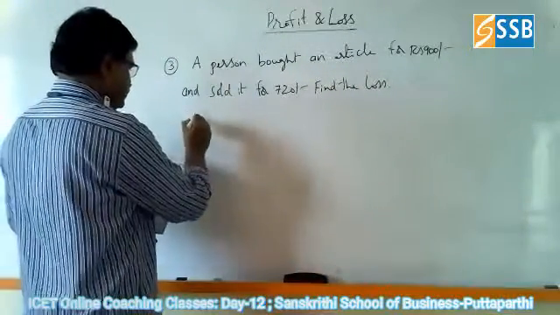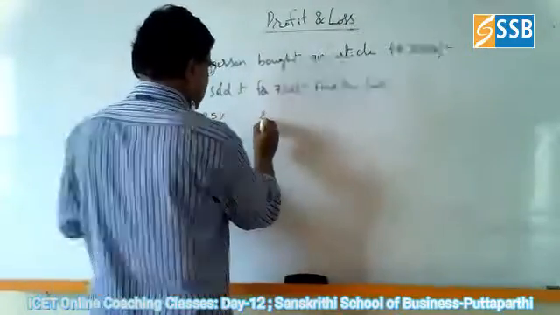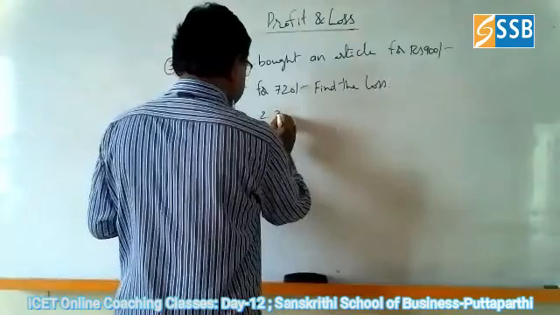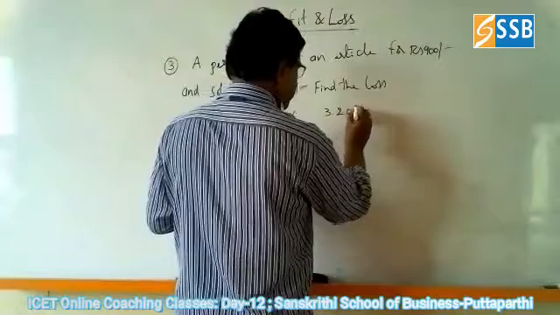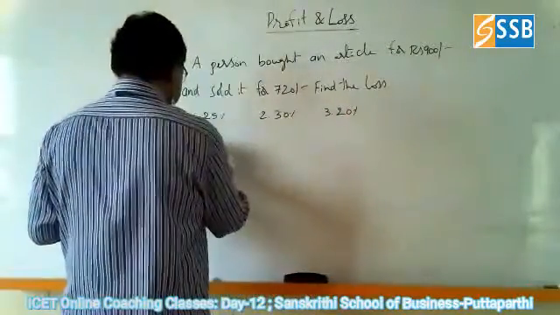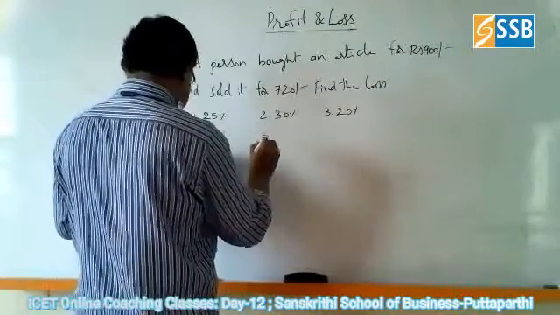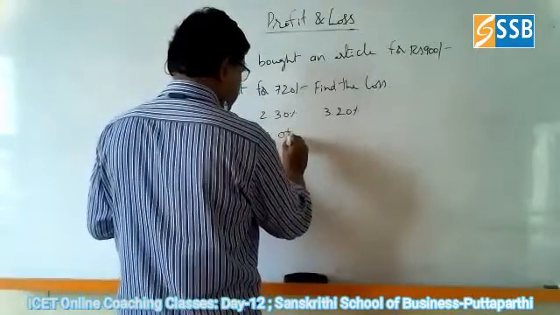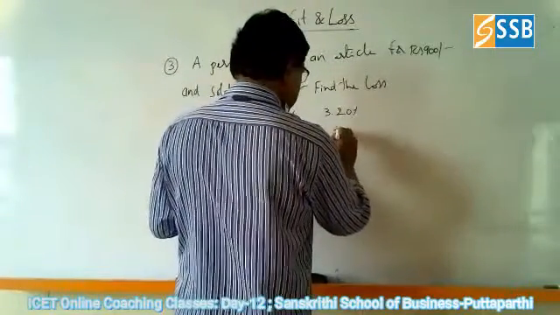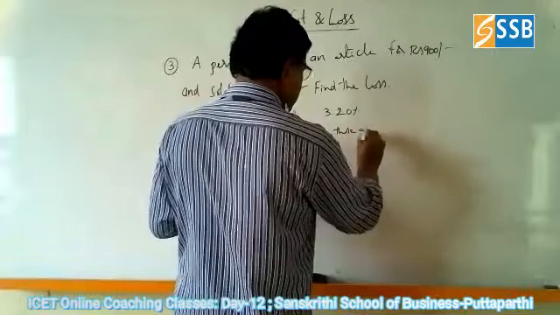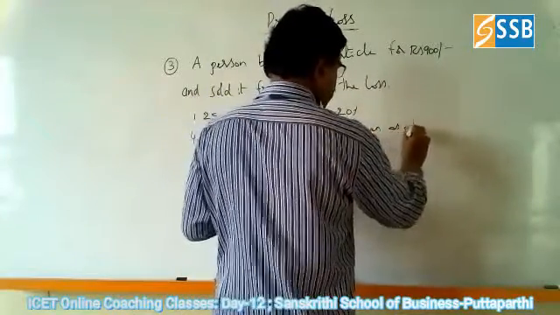Options. First option 25%. Second option is 30%. Third option is 20%. Fourth option 35%. Fifth option other than those given as option.